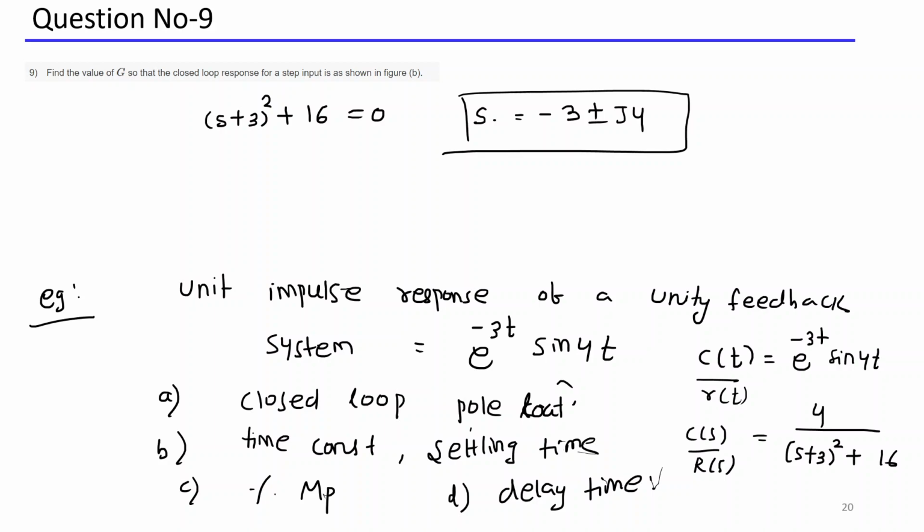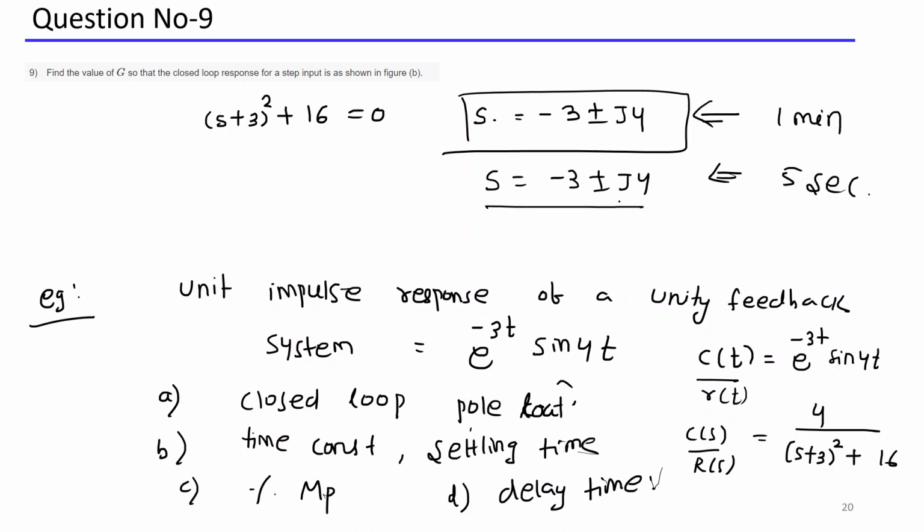When the question is given to you, to arrive at this will take hardly 1 minute. But looking at the question, you should be able to say the poles are minus 3 plus minus J4 in 5 seconds. Otherwise you need to find the Laplace transformation and solve it.